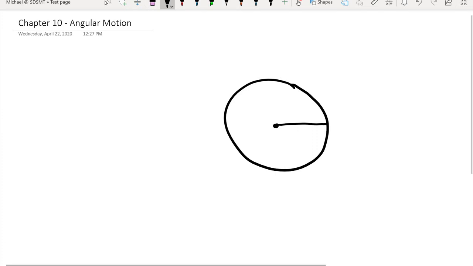So far, the only thing that we've really had referring to circular motion has been centripetal acceleration, which we can define as the speed of the object squared over some radial distance r.